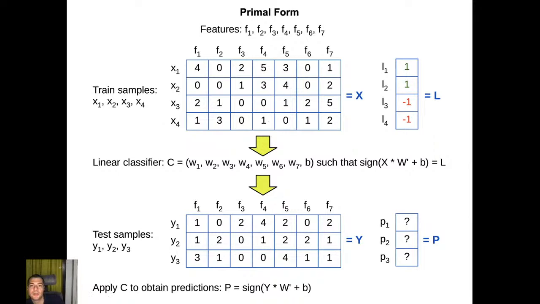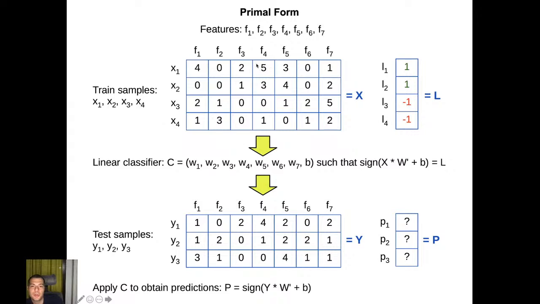Okay, so if we look at these examples, let's try to compute the scalar product between the vectors x1 and x2. We just multiply the components and sum up the results. So here we have 0 plus 0 plus 2 plus 15 plus 12 plus 2.